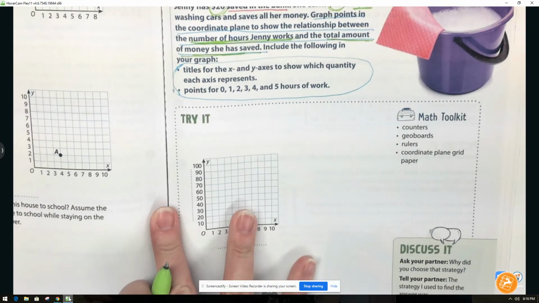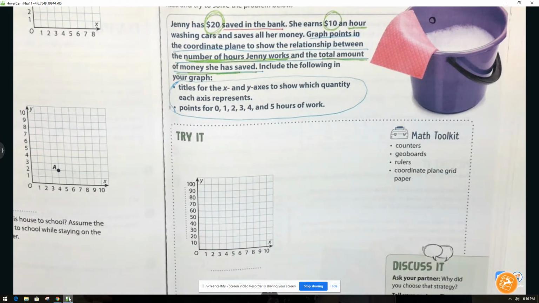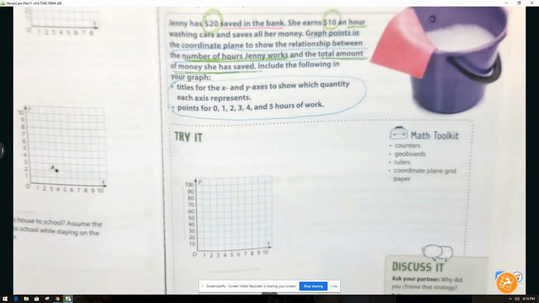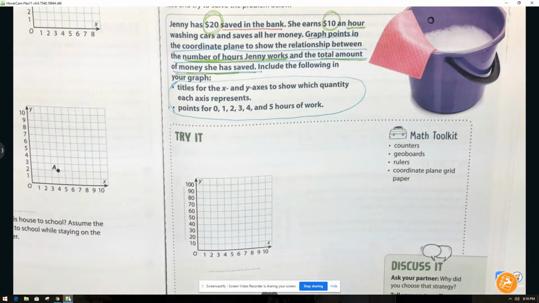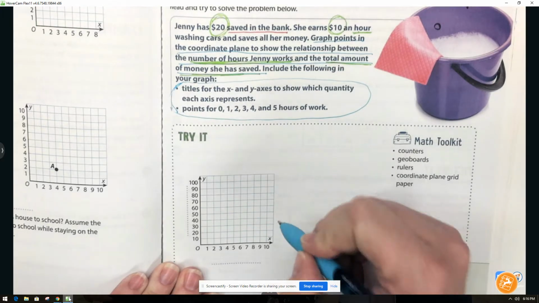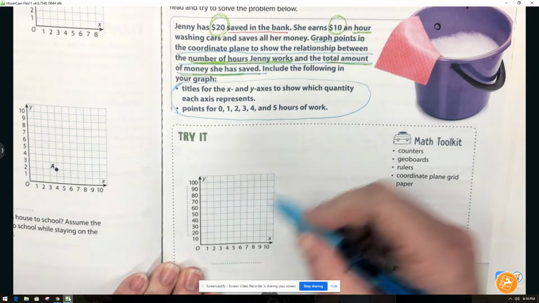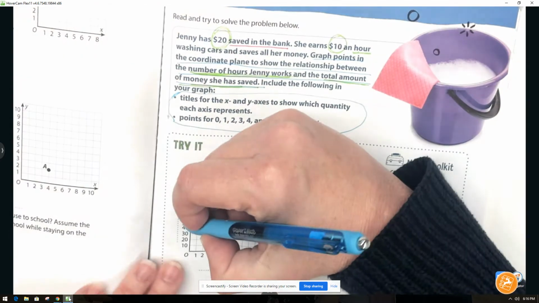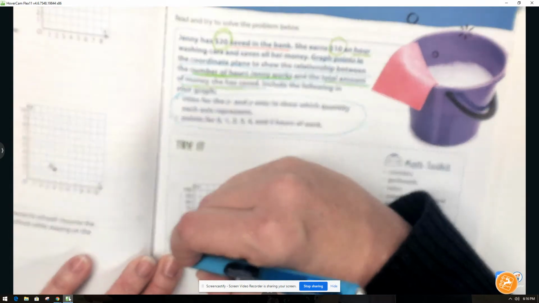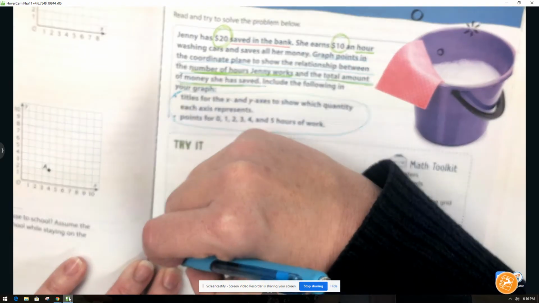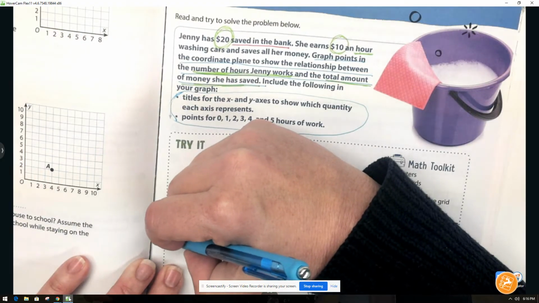So which of these do you think is going to go up to like 100? The hours she works or the money that she saves? That's right. It's the money that she saves, because the hours are only going to go up by like 1 hour at a time, but the money is going to grow pretty quickly the more hours that she works. So we're going to label this axis over here the total amount of money saved.